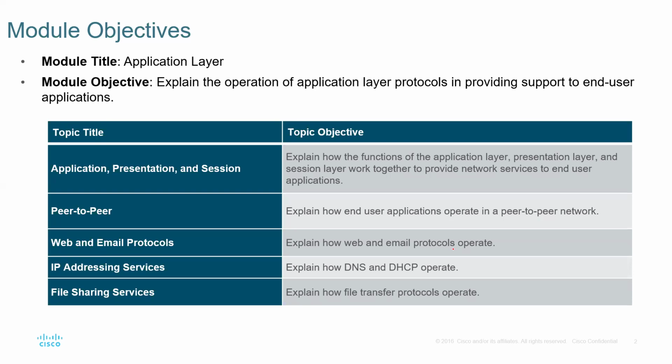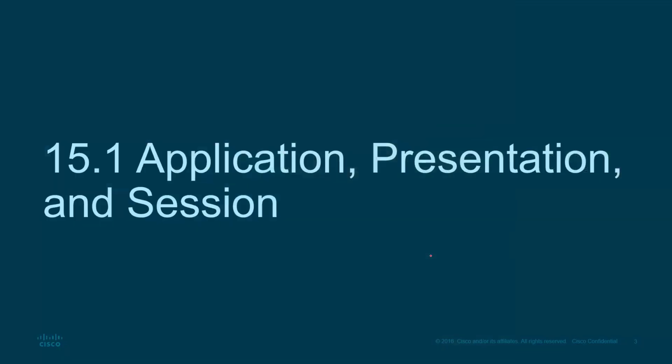Now, in this particular topic, we'll also be looking at the peer-to-peer, the web and email protocols. We'll be looking at IP addressing services and so on and so forth. These are just applications that are connected to the application layer.